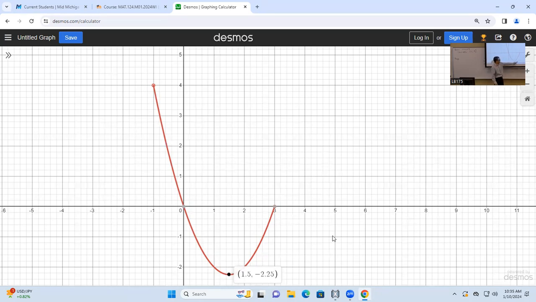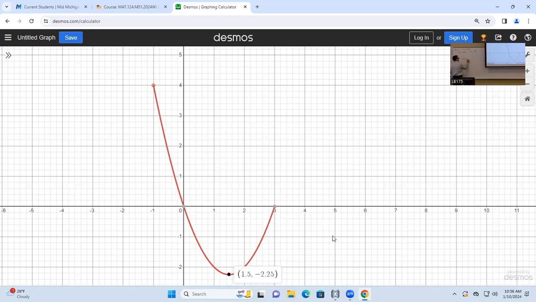But the bottom y value regardless is -2.25, and my graph touches that point.